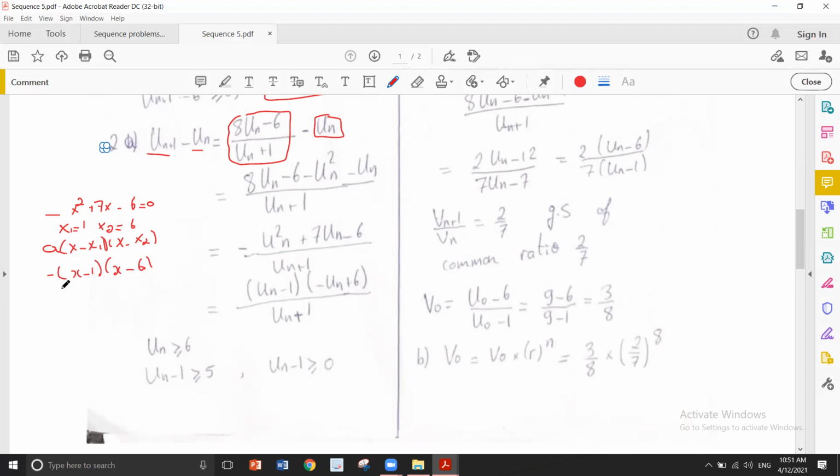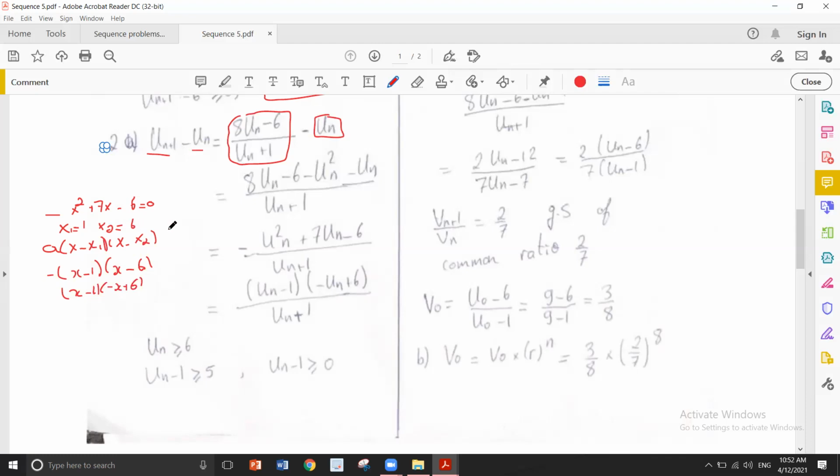If I multiply it by the second, it becomes x minus 1 into 6 minus x, or minus x plus 6, over un plus 1. What is the A here? The A is minus 1, the coefficient of x squared. On the calculator, A plus B plus C: minus 1 plus 7 minus 6 equal 0.